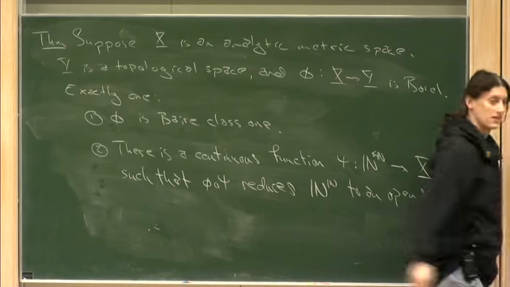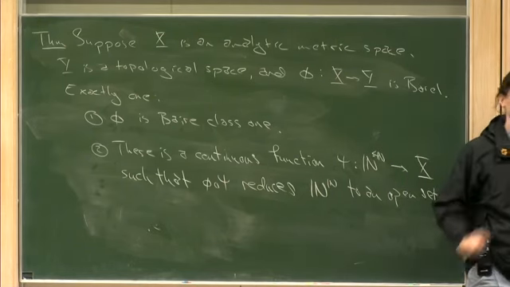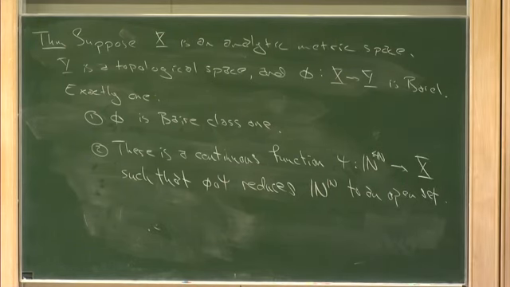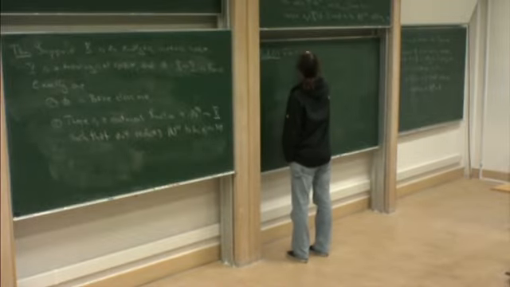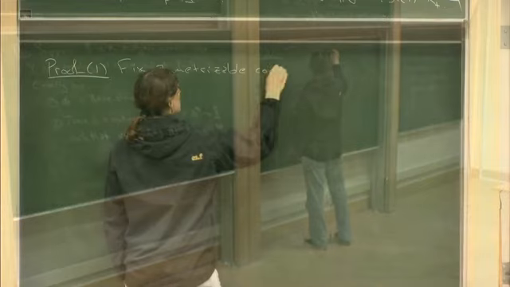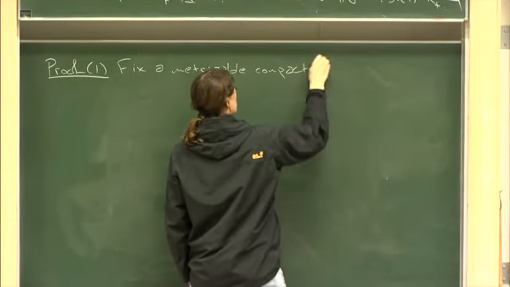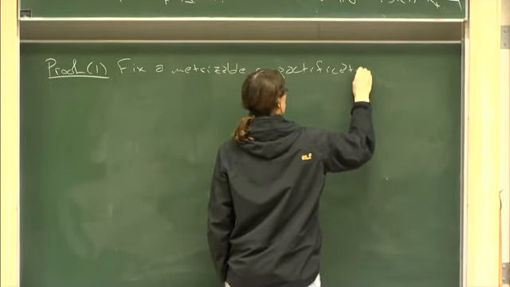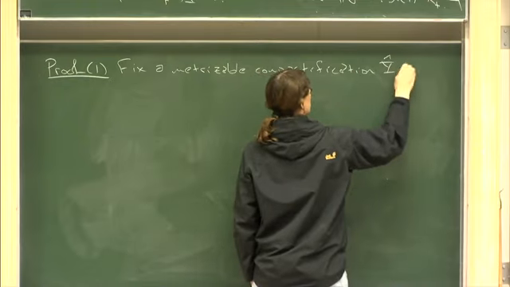So for the first one, it's going to look just like the K-sigma dichotomy. Fix a metrizable compactification y hat of y.